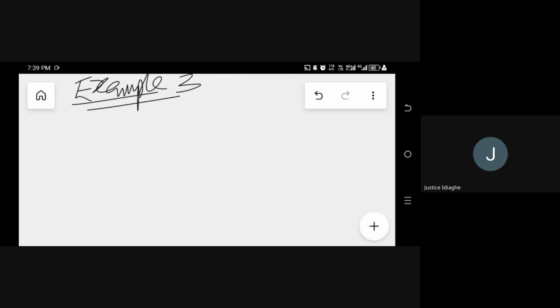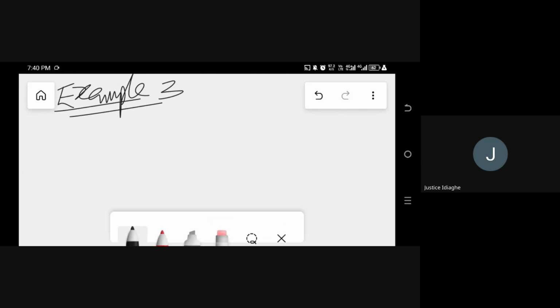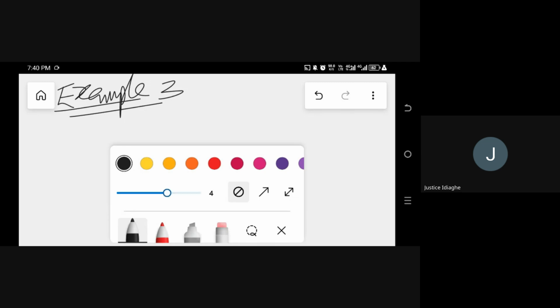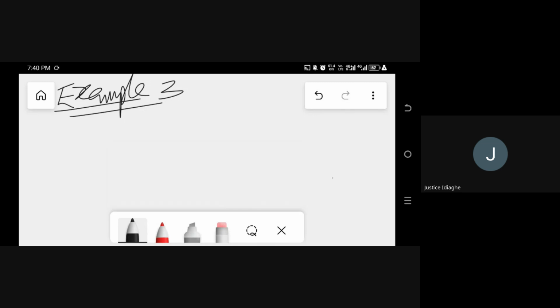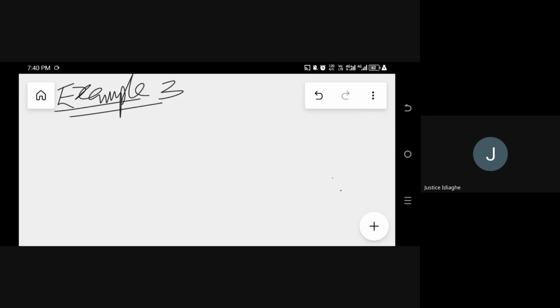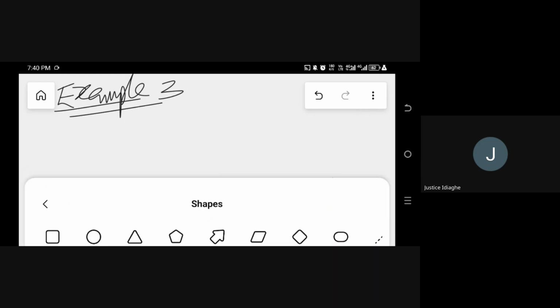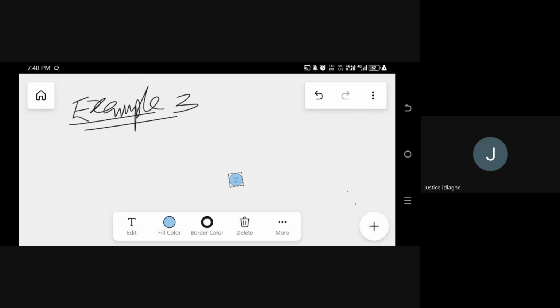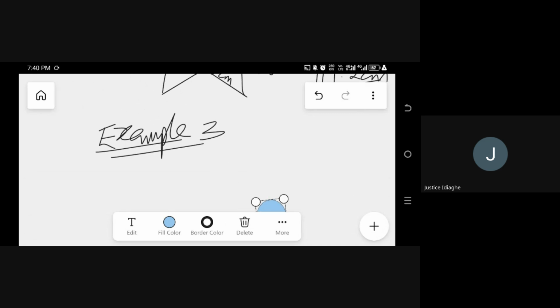So let's look at how to determine the area of a sector, of a segment rather. What we just did is the area of a sector. So let's move to a segment, area of segments. So we'll take this.